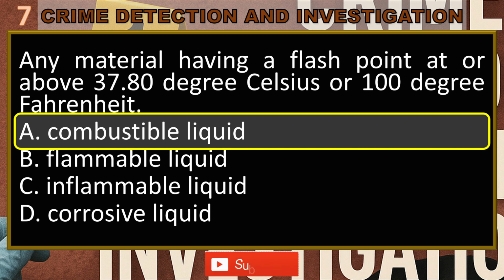Inflammable is a synonym of flammable, means it can easily catch fire. Incorrect for the same reason as option B. D. Corrosive liquid. These are substances that cause damage to living tissue or materials, usually through chemical action, for example acids, alkalis. Not related to flammability or flash point. Final answer, A. Combustible liquid.